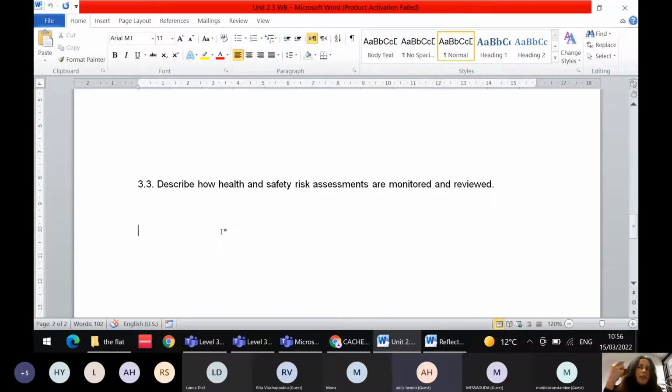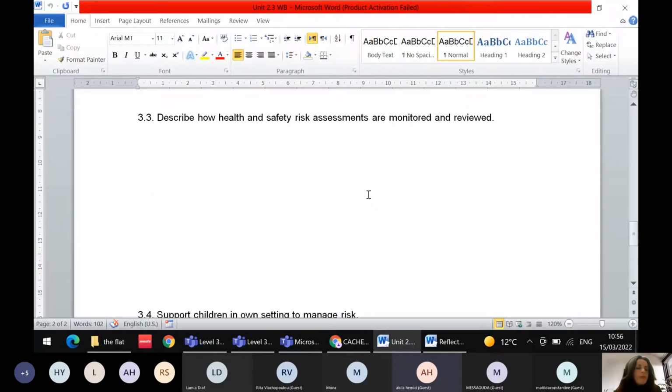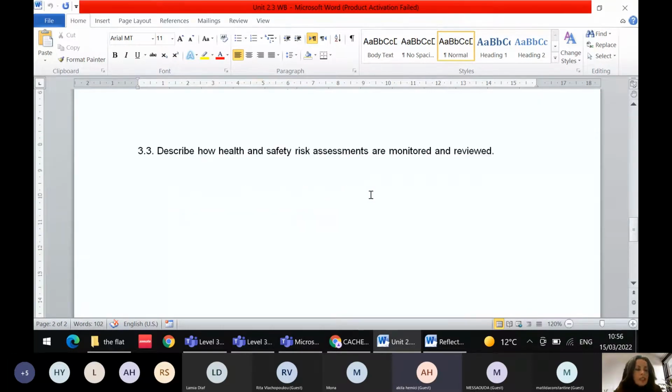If too many accidents have happened in a certain area, then the risk assessment we took may not be good enough. Then we have to change it. We have to review why this accident has happened, and then we have to make changes. Is this understood so far?